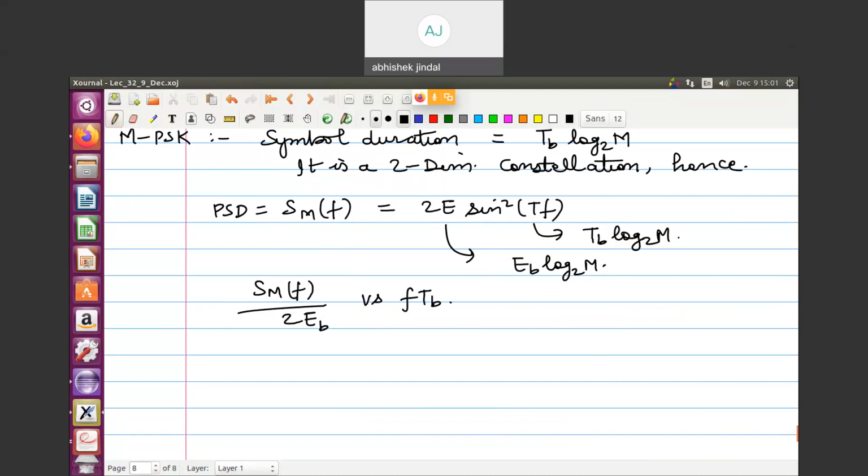Anyways, we want to see the shape, the way it falls. This is more or less dictated by the sinc function. This has nothing to do with this amplitude. Okay, so let us see the figure.